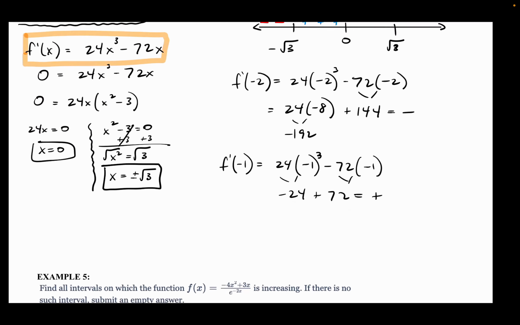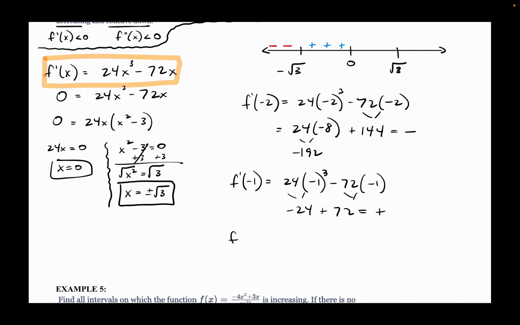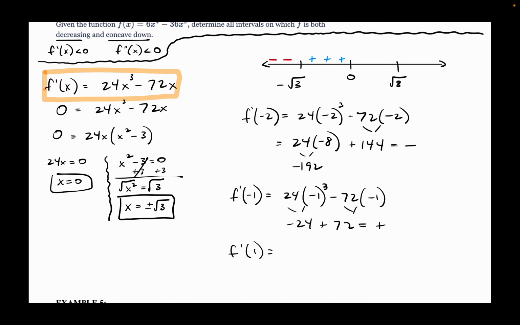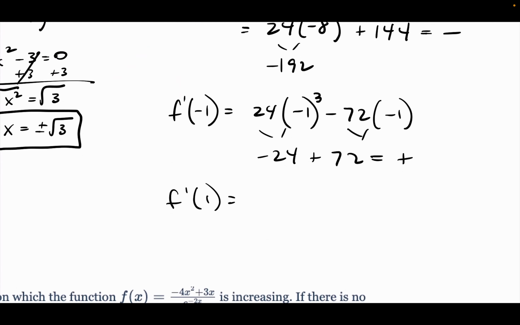Let's see, positive 1: it would be 24 times 1 cubed minus 72 times 1.